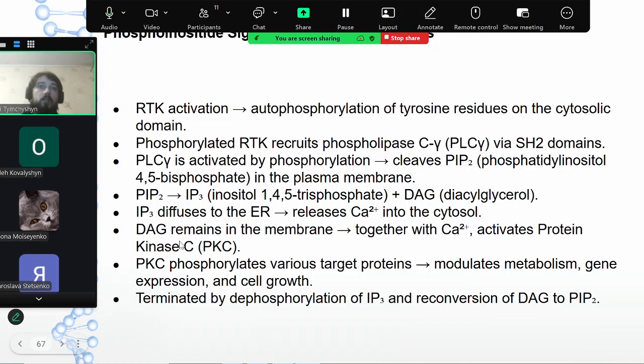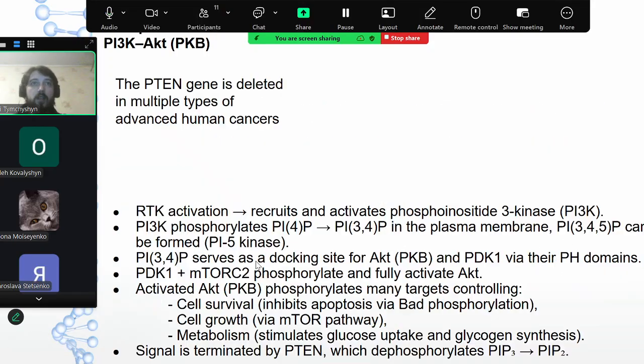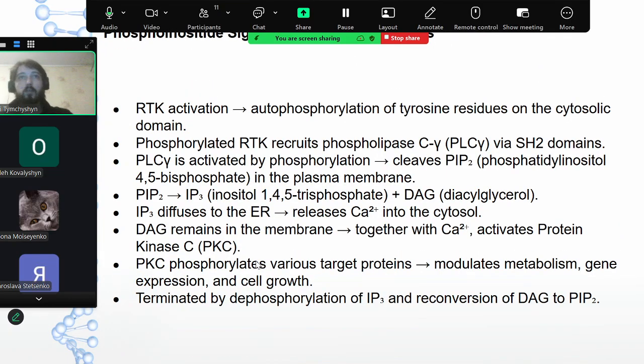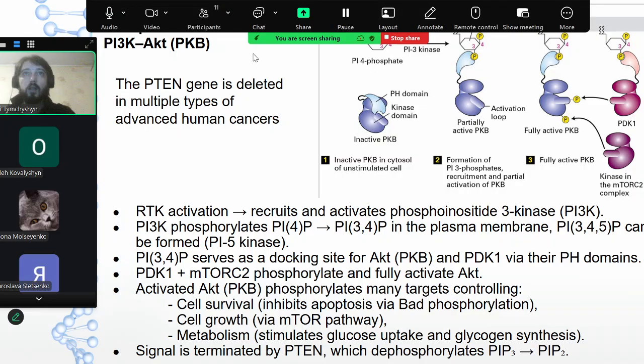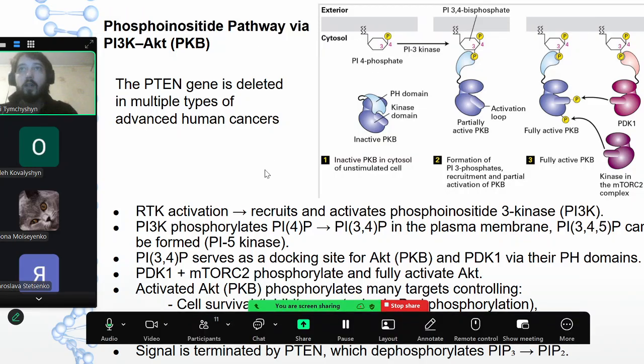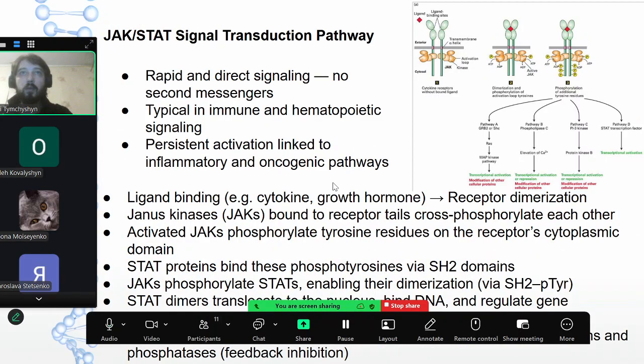The diacylglycerol remains in the membrane together with calcium and activates protein kinase C, and so on. That's regarding the picture that I showed you previously. Good. What else? This is once more this pathway shown to you, so I'm not getting too deep into details here.